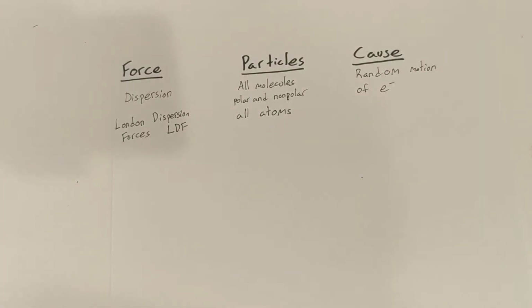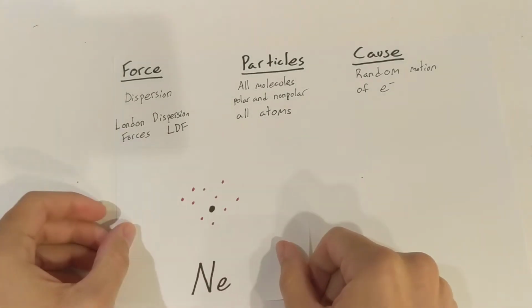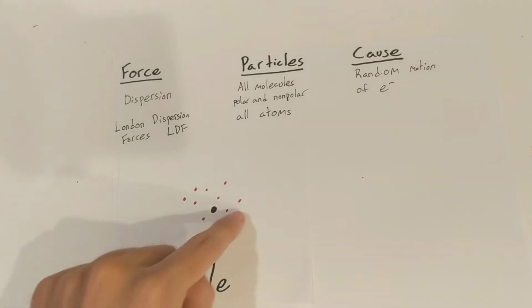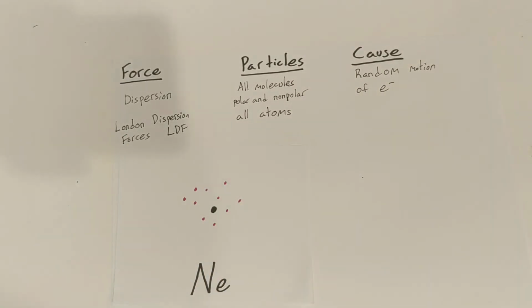Let's break this down. Electrons are in our atoms and they are constantly moving around, changing their spot, changing where they are. And if you have enough electrons moving around, it creates a temporary charge, just a little bit. So we're going to take a look at this. This is a neon atom. Neon has an atomic number of 10. So there are 10 electrons around it.